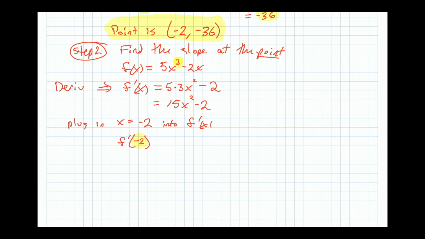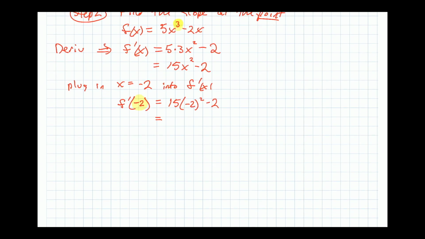Plugging in the -2 there, is going to be 15 times -2 squared minus 2. So -2 squared is 4. 4 times 15 is 60. 60 minus 2 is 58. Okay, I was going to graph this for you, but I feel like this is going to be really tough to graph, but I'm still going to try when we get to that point.